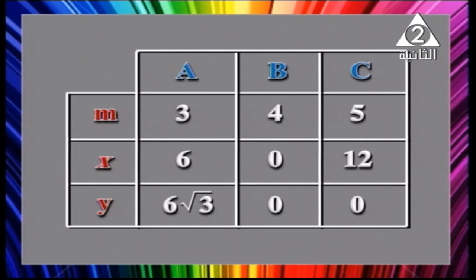How to find the center of gravity, my dear student? Excellent student. We apply the rule: xg equals m1 x1 plus m2 x2 plus m3 x3 over the sum of 3 mass. 3 times 6 plus 4 times 0 plus 5 times 12 over 3 plus 4 plus 5. Look at xg.